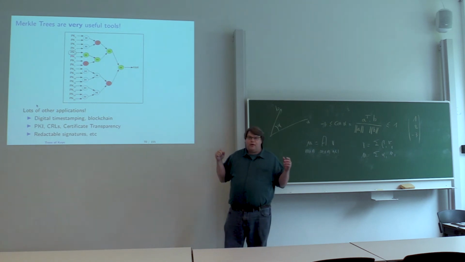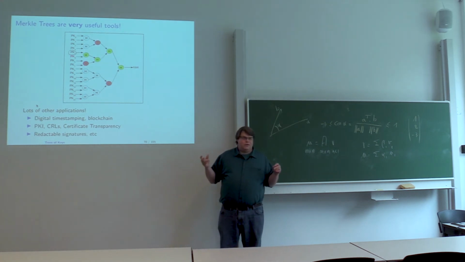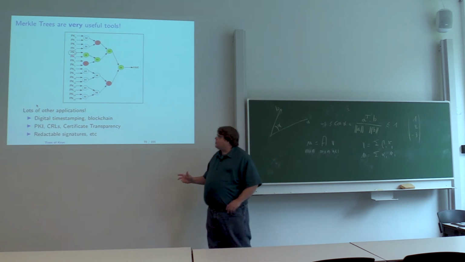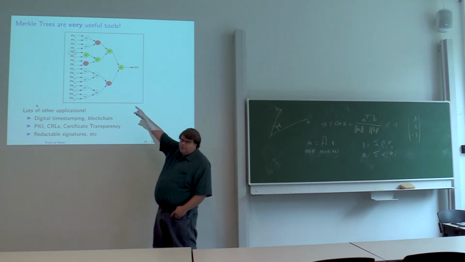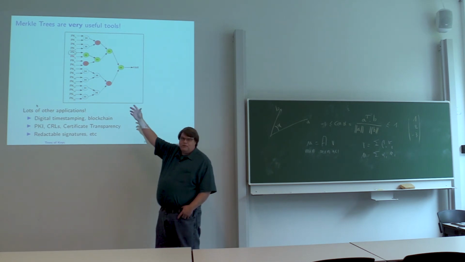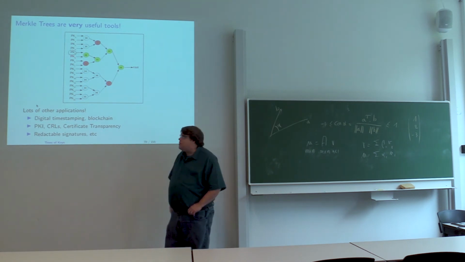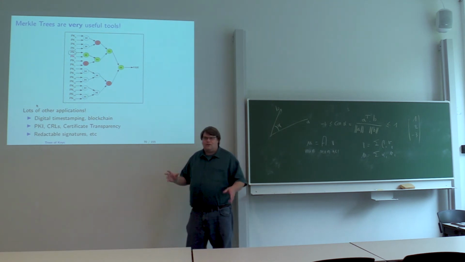If I'm only generating each leaf node when I need it using a PRF, then I have this interesting problem that I have to know a whole bunch of these intermediate values in the tree, which I don't necessarily have handy. So this turns into an interesting engineering problem.